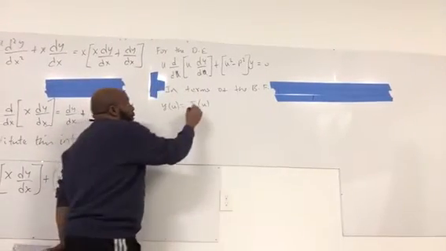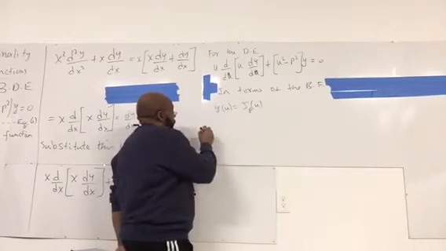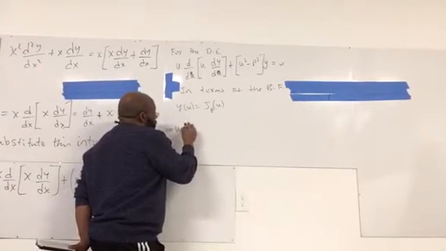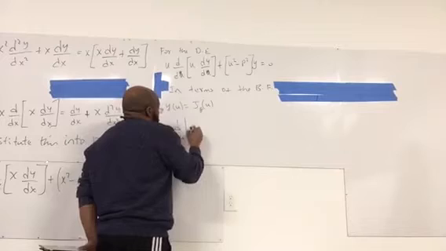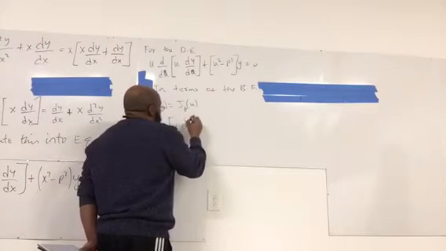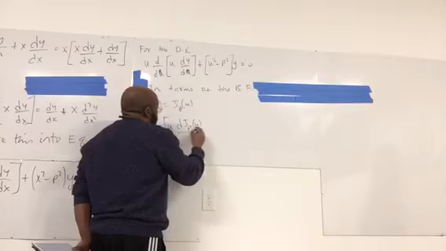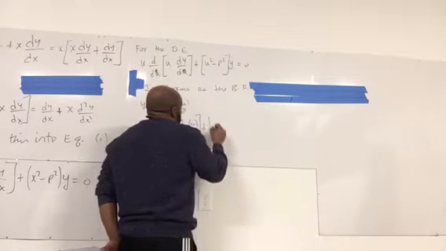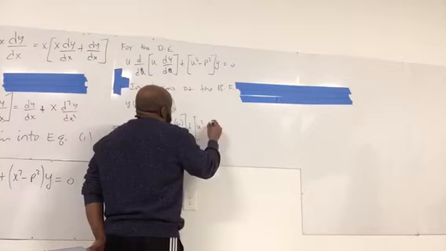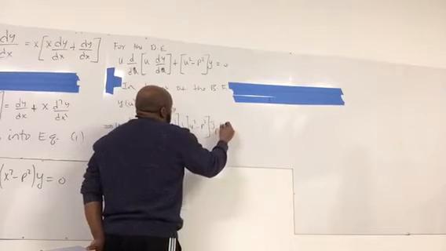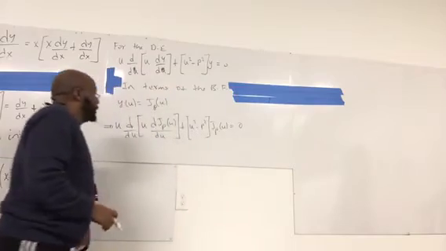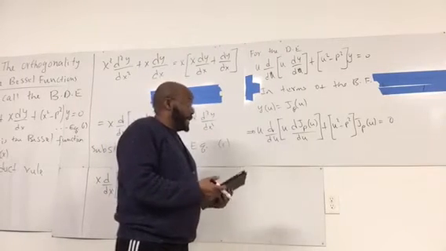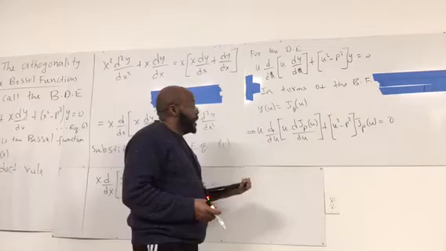So I can write this differential equation in the following form: u d/du (u dJ_p(u)/du) plus (u squared minus p squared) J_p(u) equals 0, since the solution to the Bessel differential equation is the Bessel function.